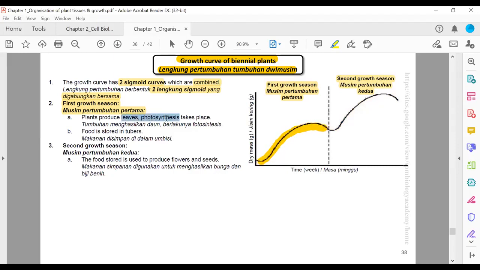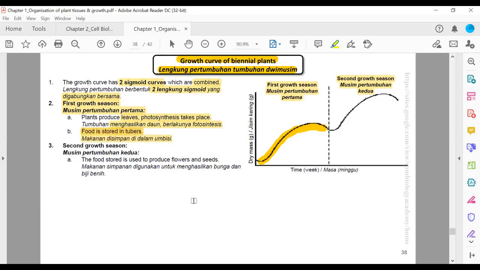Plants produce leaves, photosynthesis takes place. Tumbuhan menghasilkan daun, berlakunya photosynthesis. So when photosynthesis takes place, with the food they produce, they will produce more tissues. So their leaves grow, their stems grow, their roots grow, right? Food is stored in tubers. Makanan disimpan di dalam umbisi.